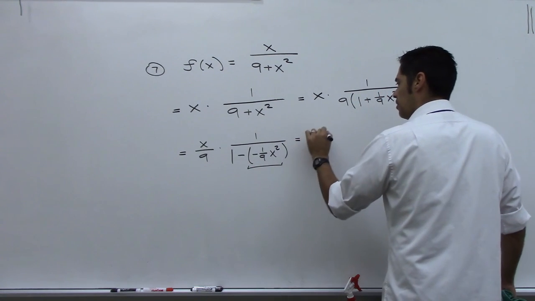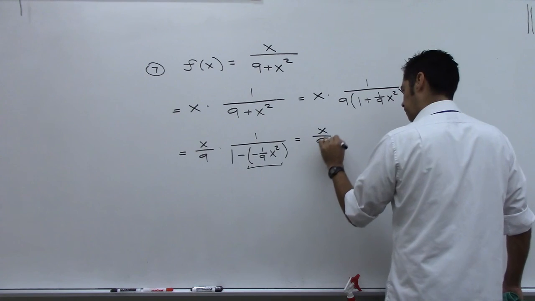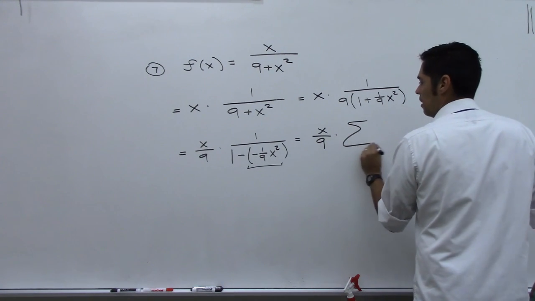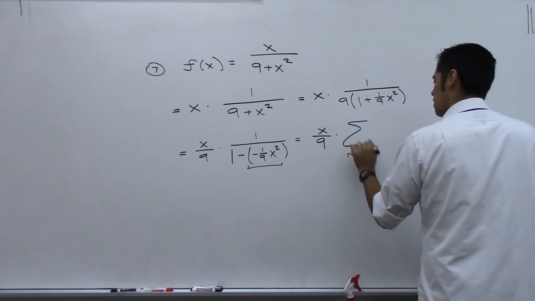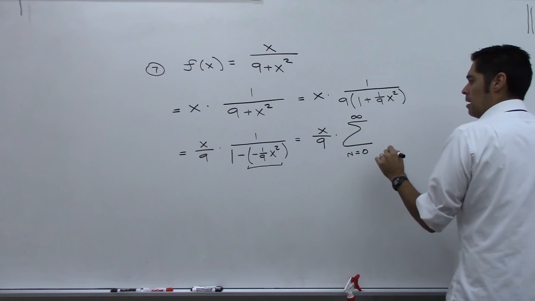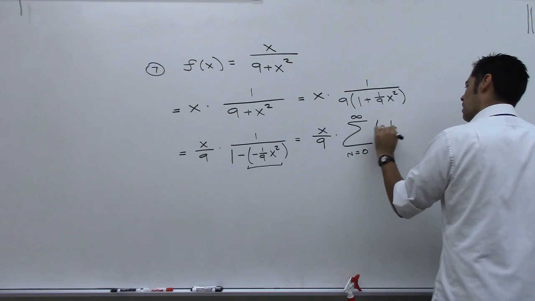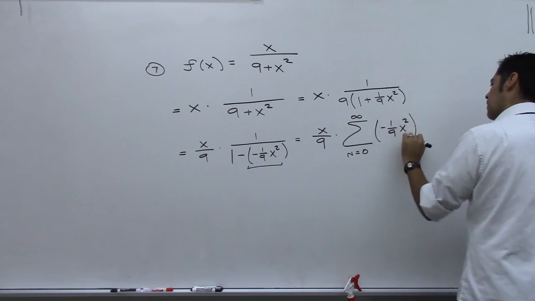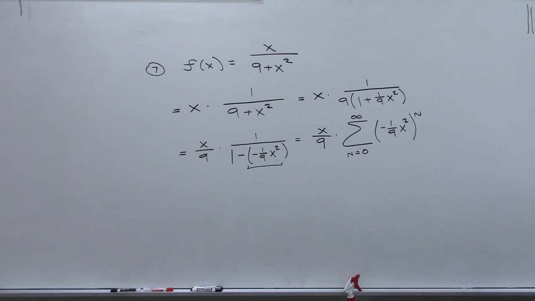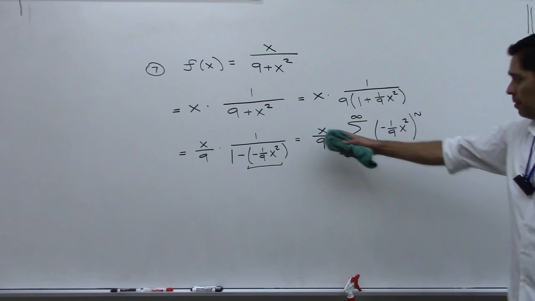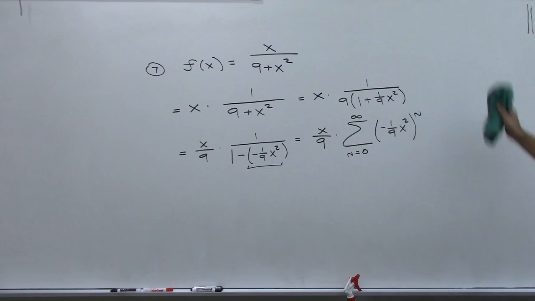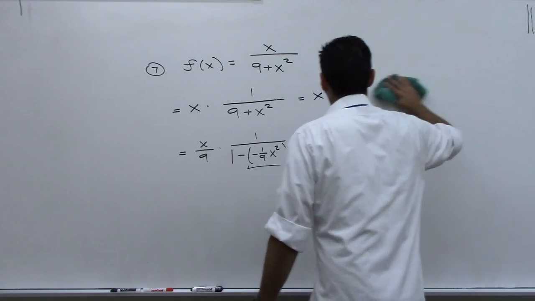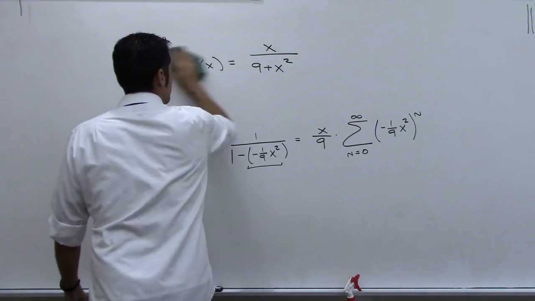So this will turn into, I'm going to leave the x over 9 here, times the sum n equals 0 to infinity of negative 1/9 x squared to the n. We're going to deal with this in just a second, but let's try and clean up what we have there first.